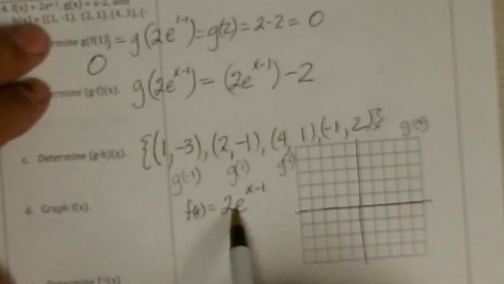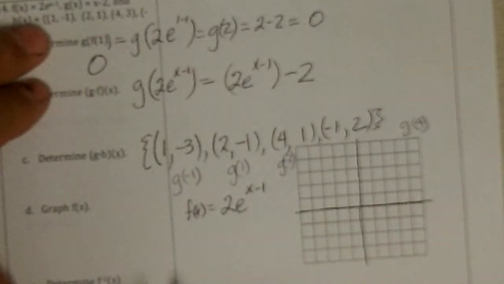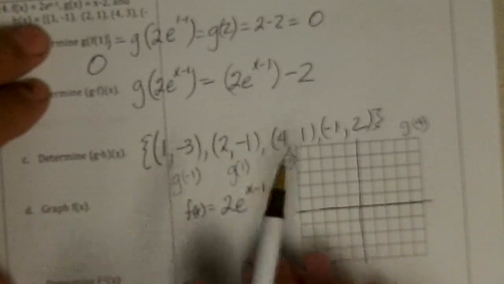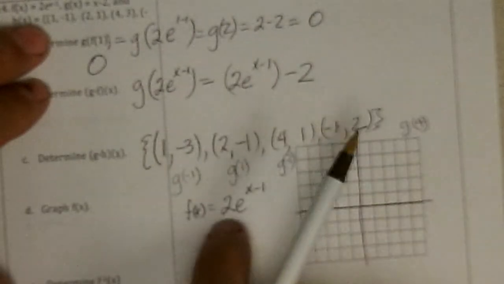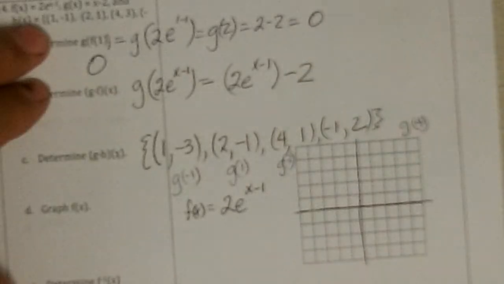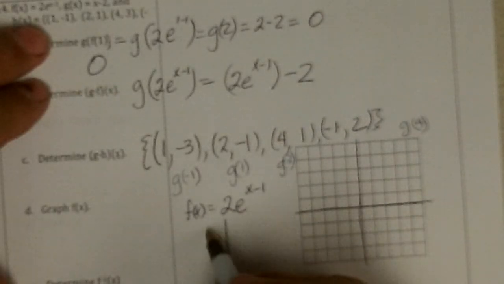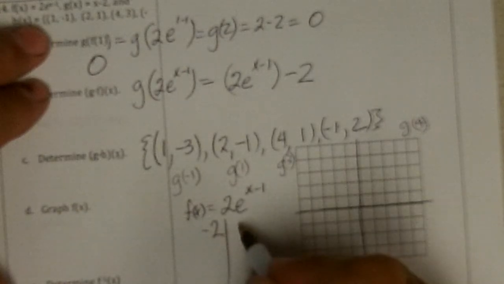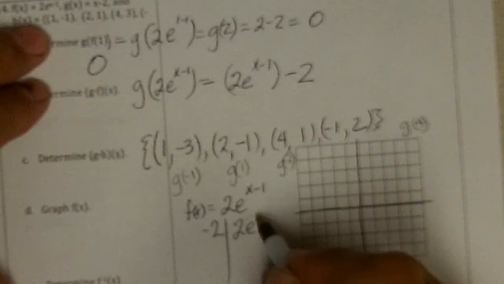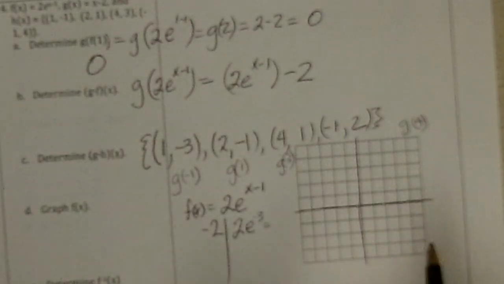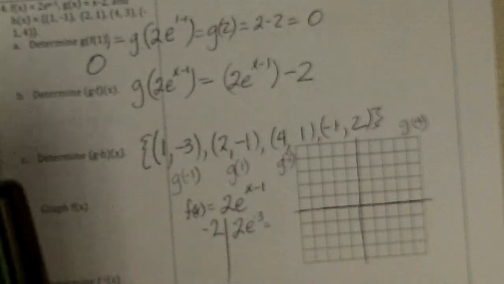If I know what the parent function e to the x looks like, which is something like this, then I'd have to move it 1 and then stretch it by 2. But I can also just make a table and say when it's -2, I get 2e to the -3, which I can work out on a calculator.